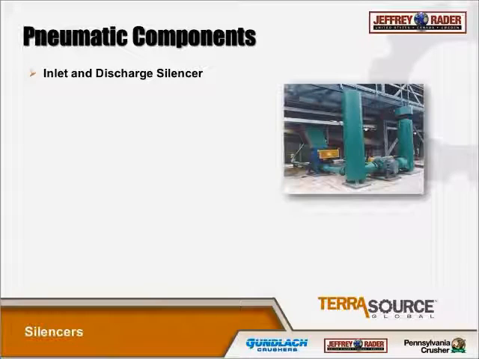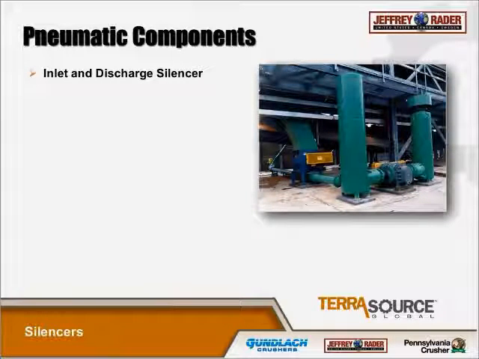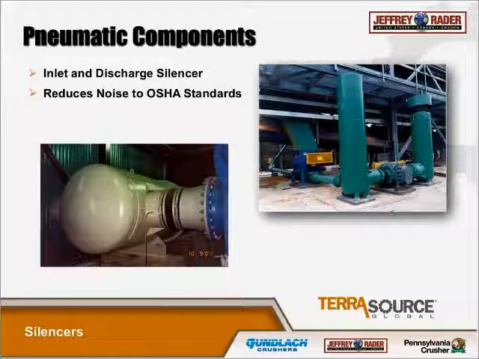You have inlet and discharge silencers. These are very important because the compression of air in a blower creates noises and pulses. The noise is uncomfortable, and you'll need to lower it to within OSHA standards. You might damage some equipment around the blower without these silencers.